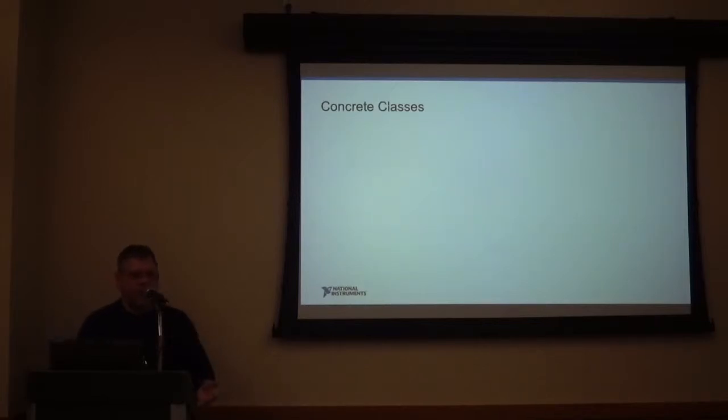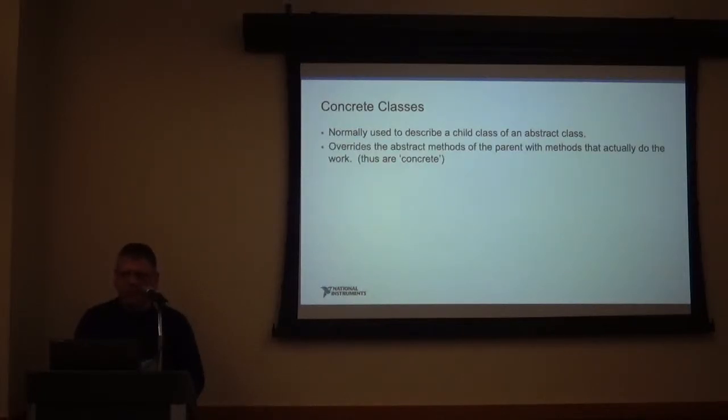Well, you need to generate a concrete class to actually implement what the abstract interface defined. And this is where the actual work gets done. So, as I said, you'll be overriding all the methods with real methods, or concrete methods. That's why they call it a concrete class. And a concrete class can be statically linked to any other code or classes that call their methods.